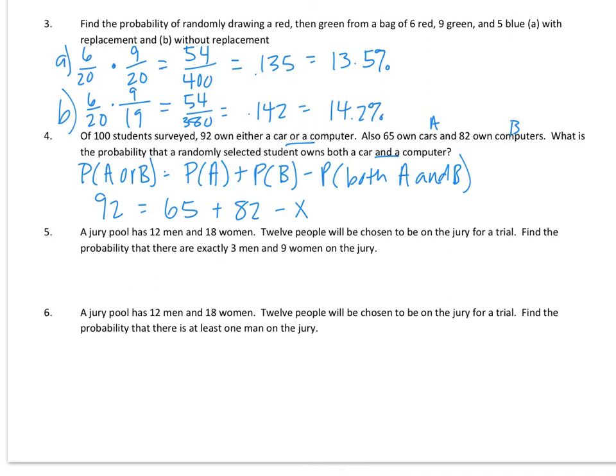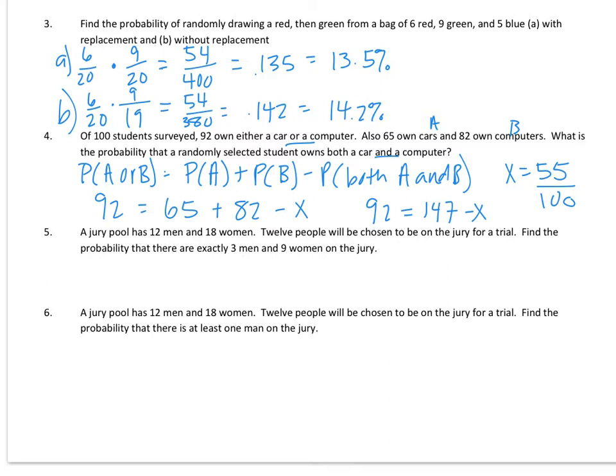So right now we've got 92 equals 65 plus 82 minus x. I'm going to add the 65 and the 82, and we get 92 equals 147 minus x. So we get x equals 55. And then what is the probability out of 100 students?